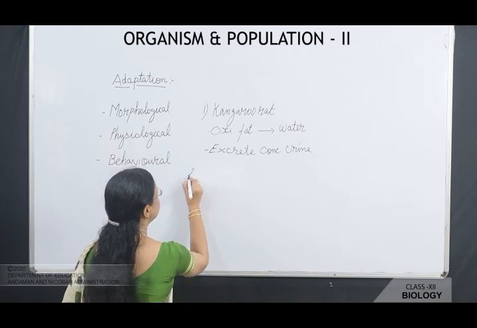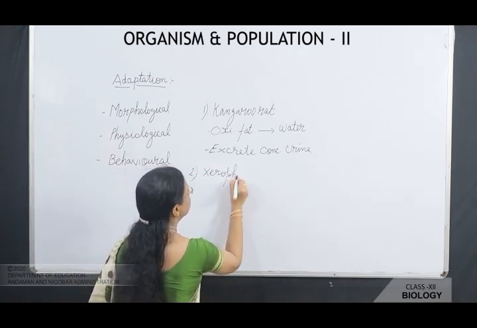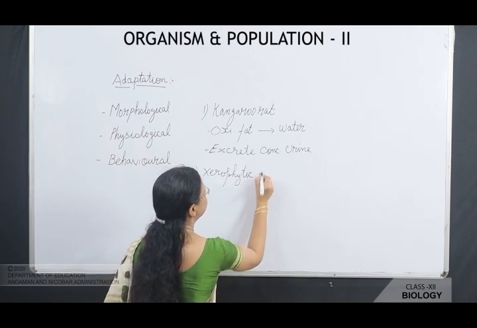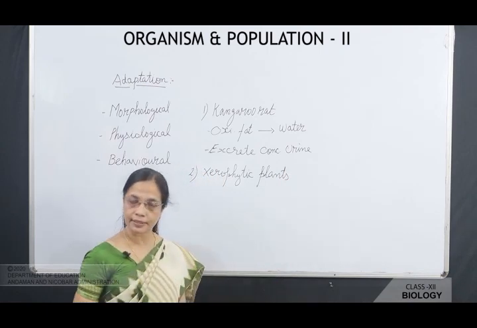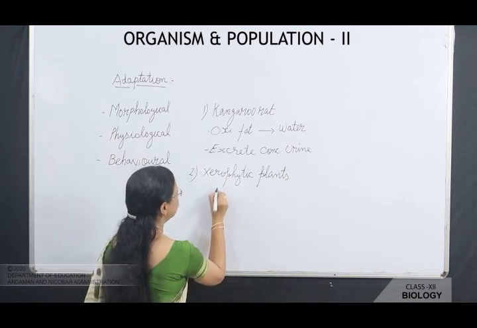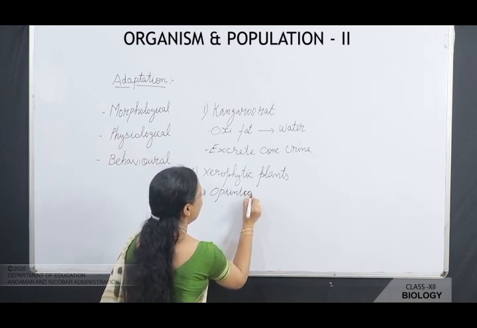Second example is xerophytic plants. The xerophytic plants are found in desert, like opuntia, and you can see the cactus.